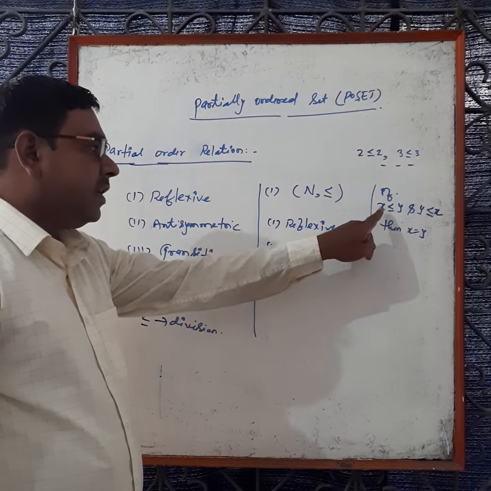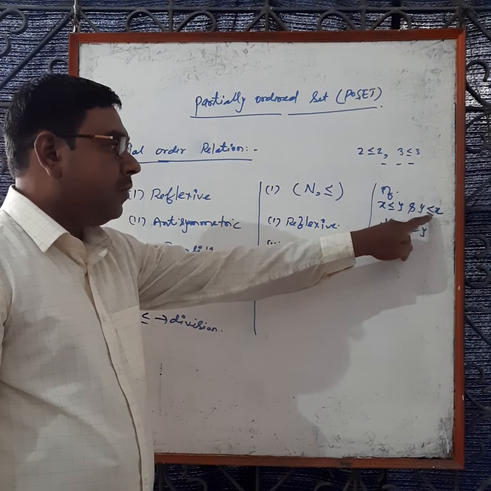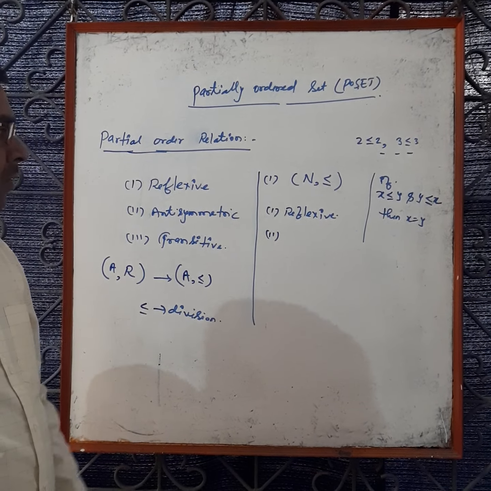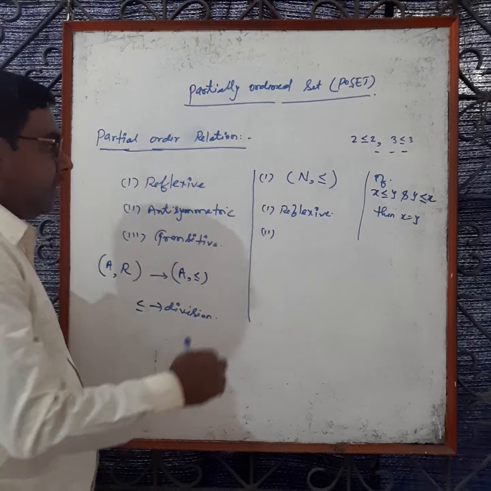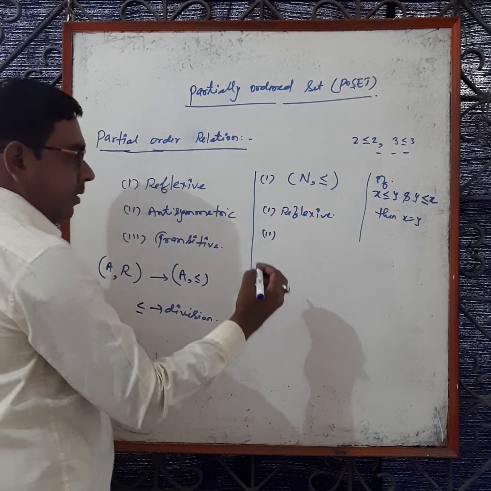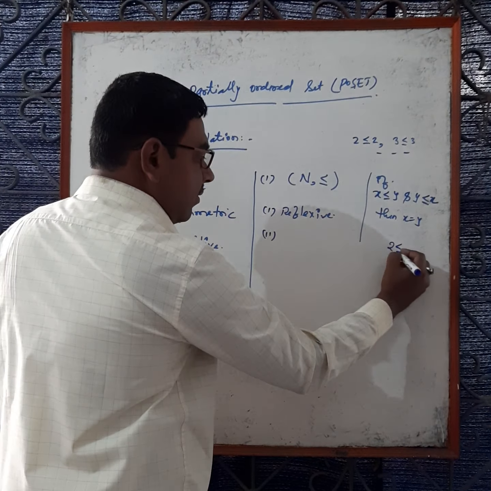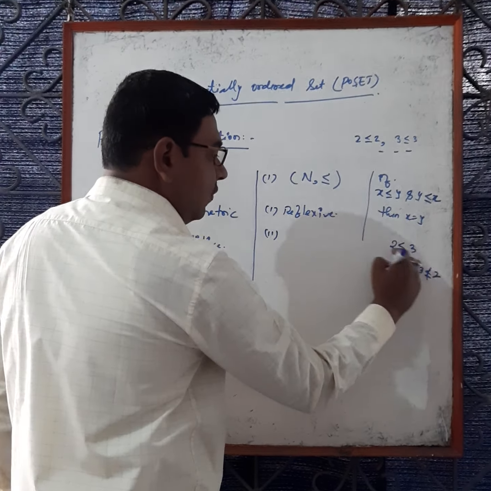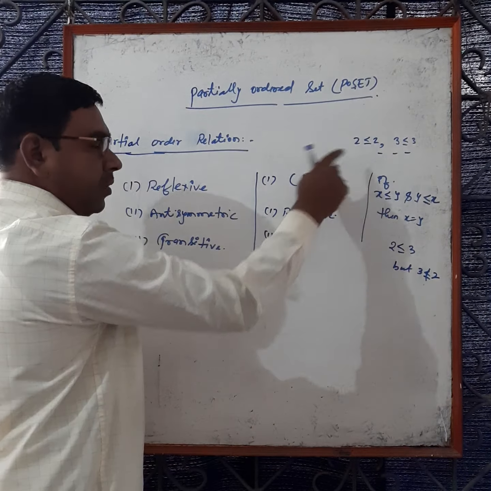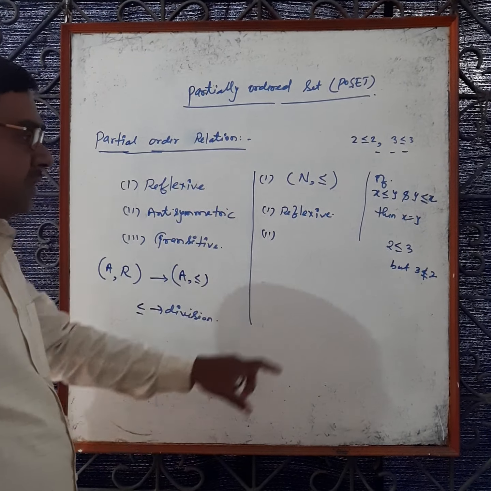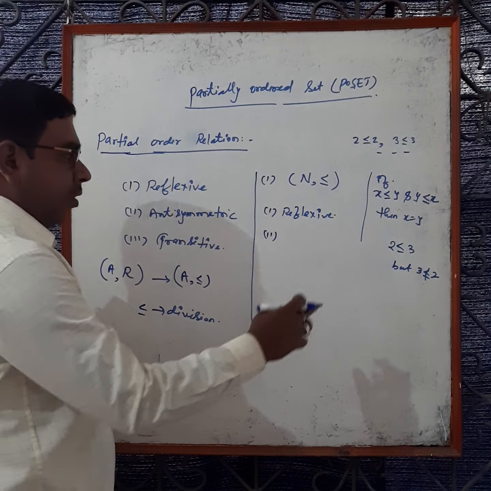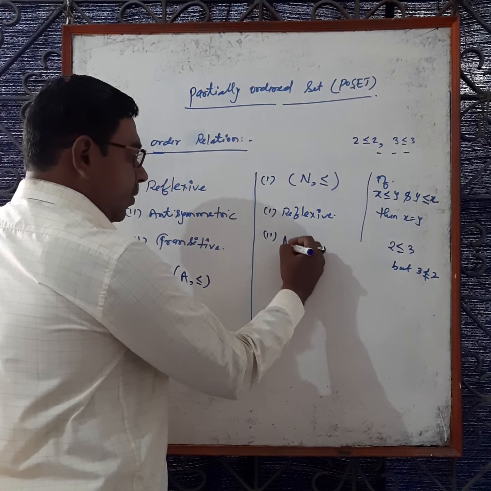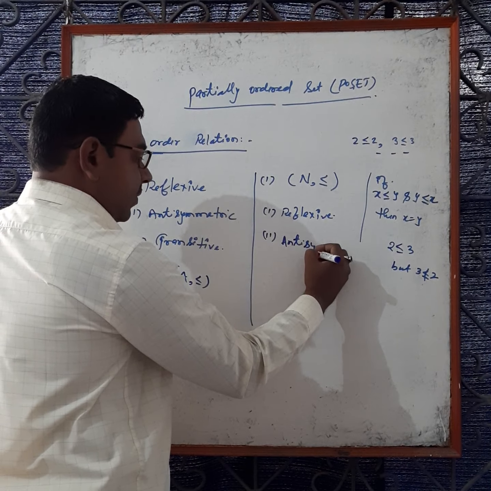If only one of x less than equal to y or y less than equal to x holds, then it also follows the antisymmetric condition. In natural numbers, we see 2 less than equal to 3, but 3 is not less than equal to 2. Only one pair holds here. Therefore, it follows antisymmetric relation, and this type of property holds for any pair of natural numbers.